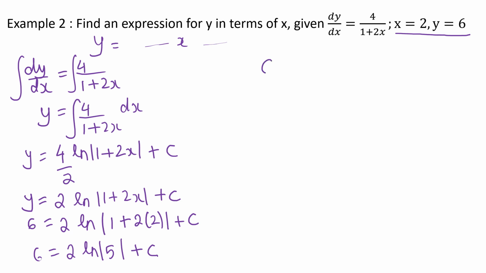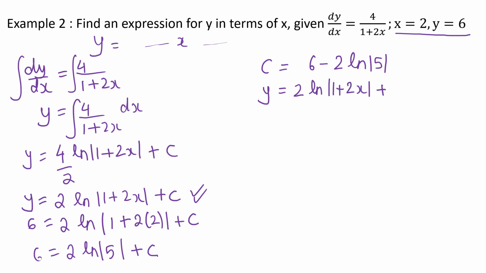Now, if this is a tech-free question, you can say that c equals 6 minus 2 ln 5, and then let's substitute this into this equation. y equals 2 ln of 1 plus 2x plus the c value, which is 6 minus 2 ln 5. So that would have been your final answer.